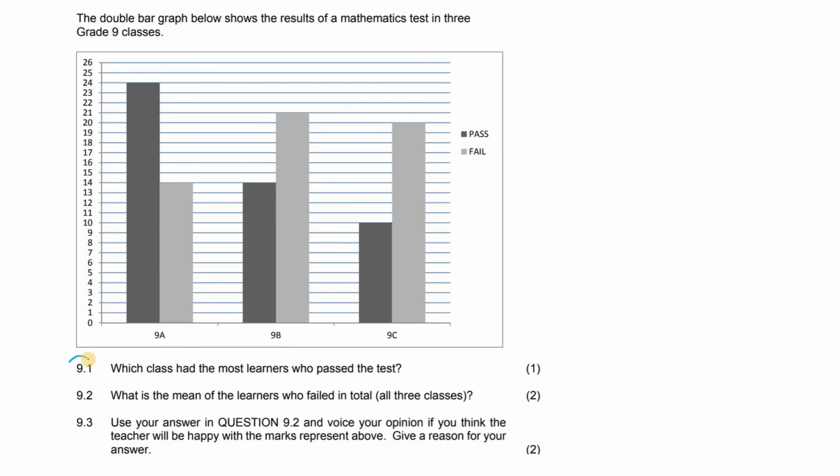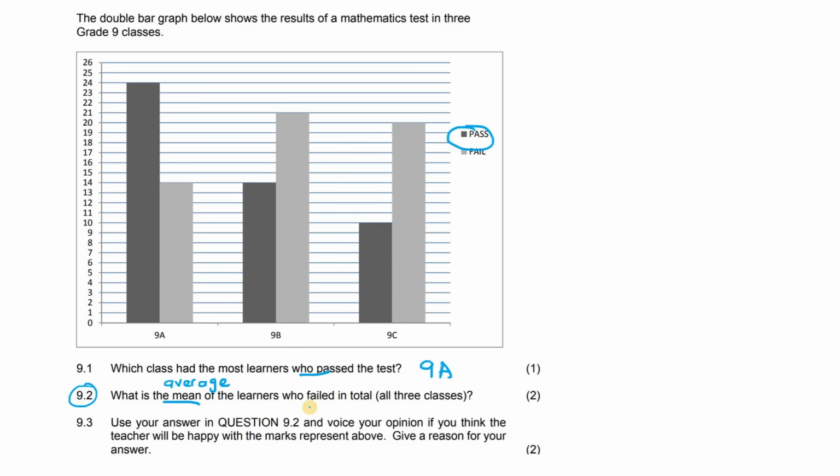Okay, so it says which class had the most learners who passed. So a pass is a dark gray, and the highest dark gray is 9A. So you'll just say here 9A. What is the mean? Now mean is another name of, or another word for average.